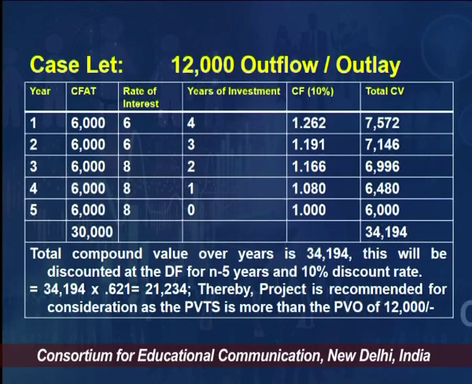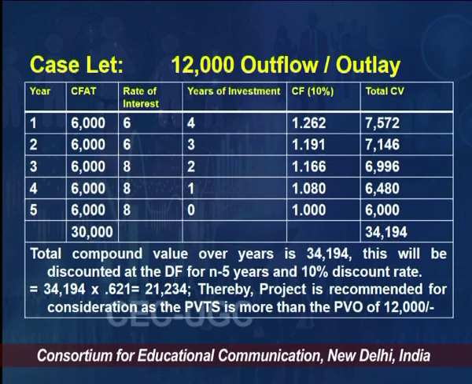Same way, the 6,000 received in the second year would be reinvested for 3 years. That is how the second row in the solution is 3. Whatever we receive in the third year, that is 6,000 again, will be reinvested for 2 years. The 6,000 received in the fourth year would be reinvested for 1 year, and the 6,000 received in the terminal year, the fifth year, will not be reinvested. So that is why it is 0 in the last row. So, 4, 3, 2, 1, 0.